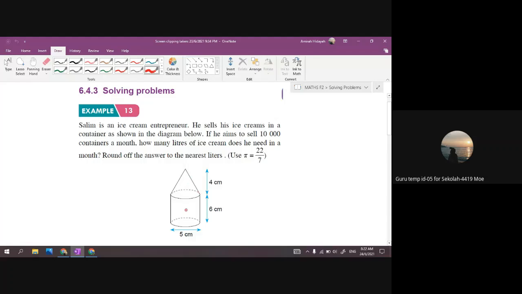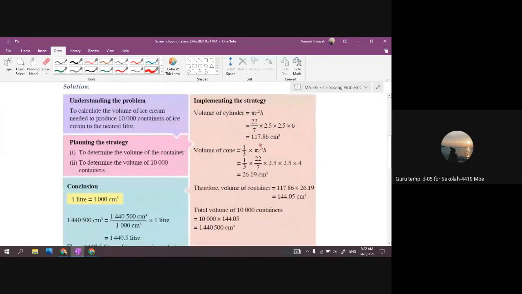This container is only for one ice cream. So kalau dia nak sell 10,000 containers, how many liters of ice cream? Liters of ice cream here means the volume for the ice cream, for this one container, does he need in a month. Your answer must be rounded off to the nearest liters. Use pi 22/7.